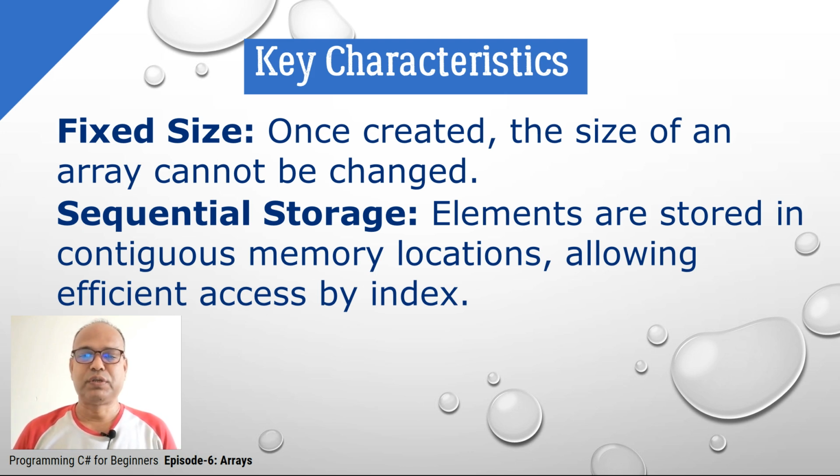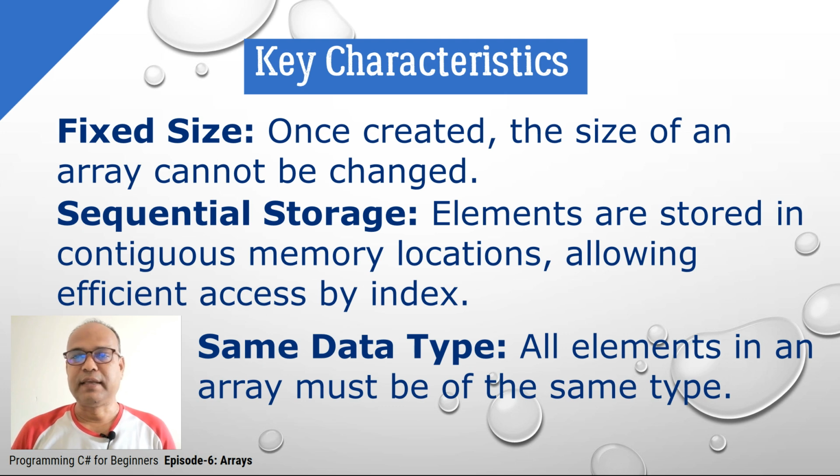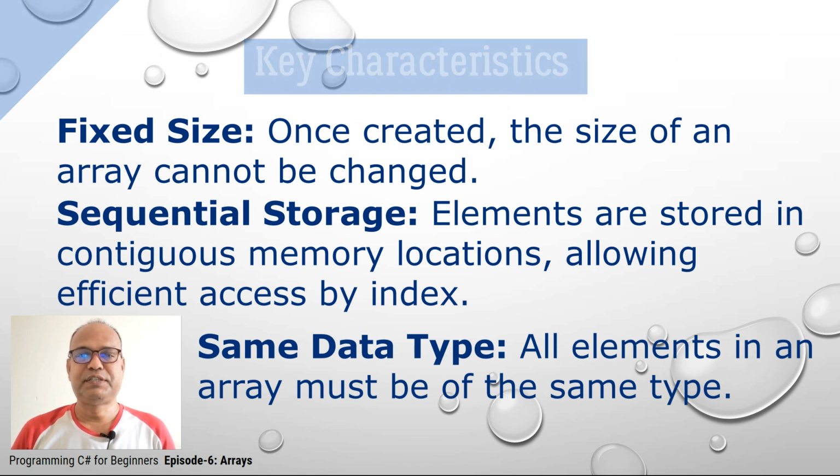Values are stored sequentially positioned, and each value can be tracked by a number called index. Same data type: all elements in an array must be of the same type. If all students' names are values, the data type will be string.